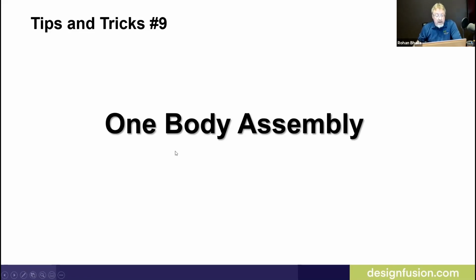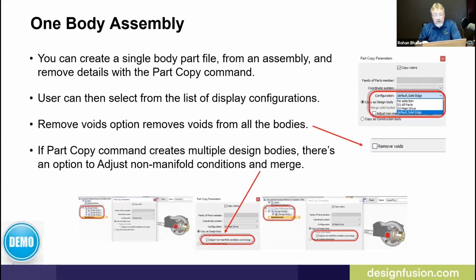The next one is relatively new. I think it was added 2 releases ago. It's the one body assembly. And what this allows us to do is use the part copy command, and we can bring in an assembly and convert it into a single body.